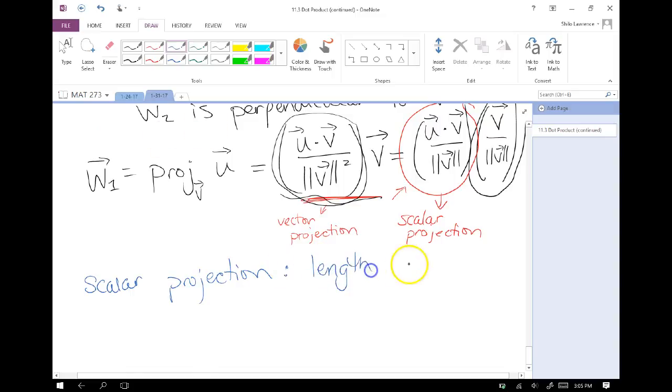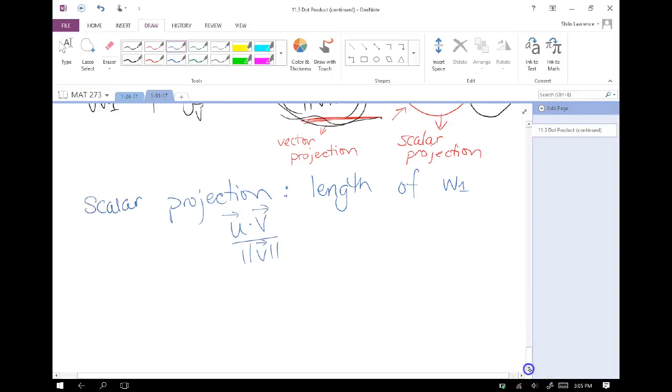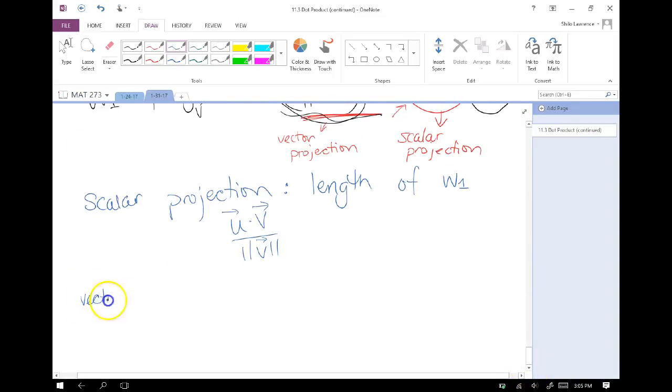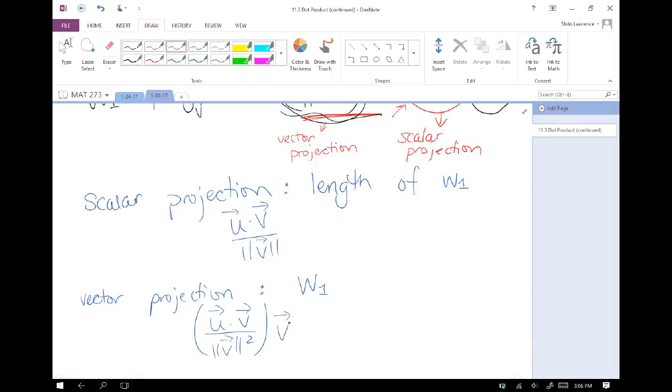So the scalar projection is the length of W sub 1, which is our projection. And that's U dot V over magnitude of V. So they're two very related concepts.